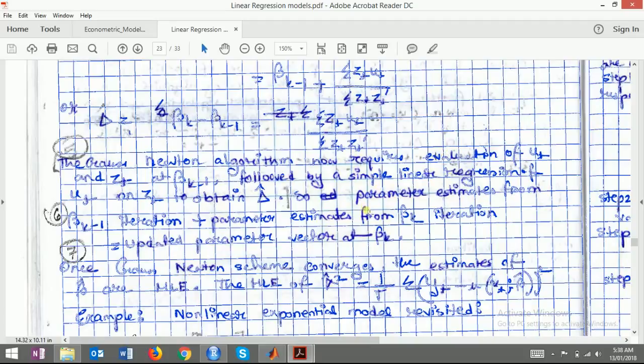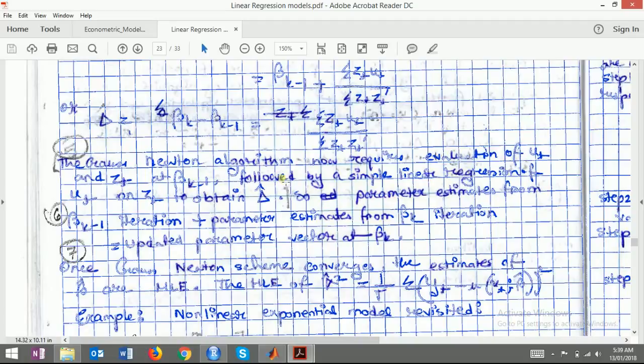The Gauss-Newton algorithm now requires evaluation of the residual UT and ZT at the previous beta estimation, beta k minus 1, followed by a simple linear regression of UT on ZT. So now we need to find ut and zt to obtain this delta hat.